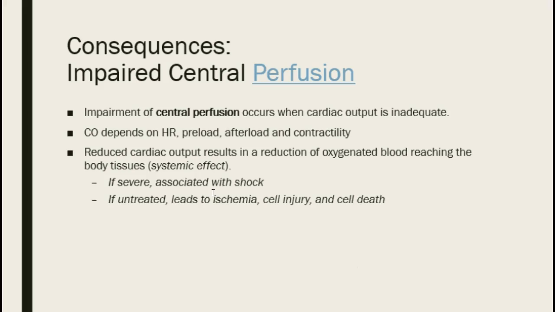What is needed to maintain adequate perfusion? And the answer to that is adequate cardiac output. We mentioned earlier the equation for cardiac output is heart rate times stroke volume, but what does that really mean? And so your cardiac output is the amount of blood that's pumped out of the heart every minute.